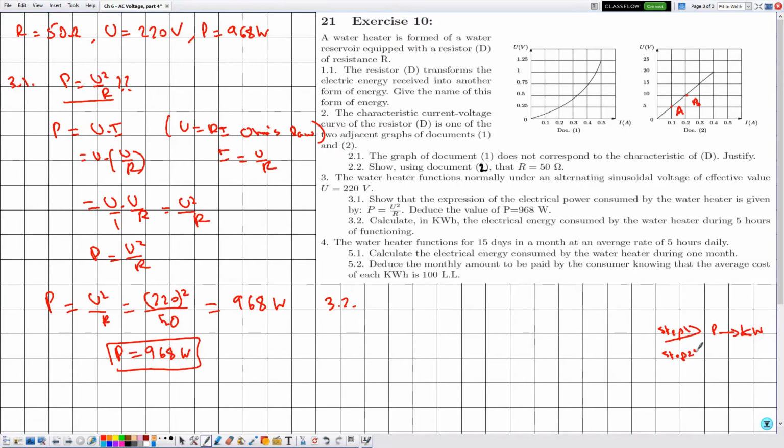Step number 2 is to calculate E1 for 1 day. Step number 3 is to calculate E for month. And step number 4 is to calculate the cost, which is the price.